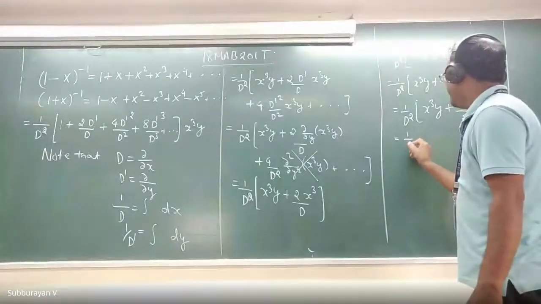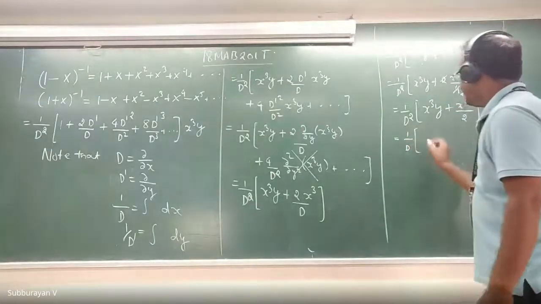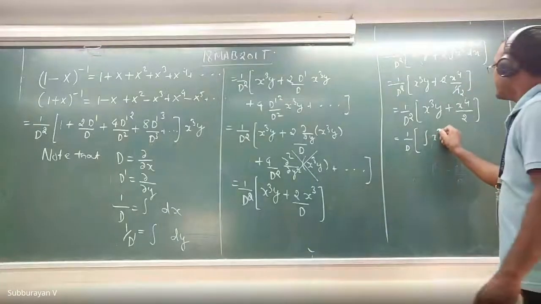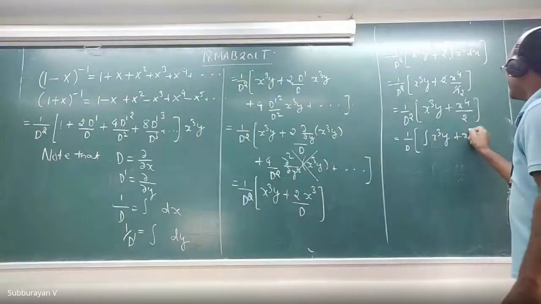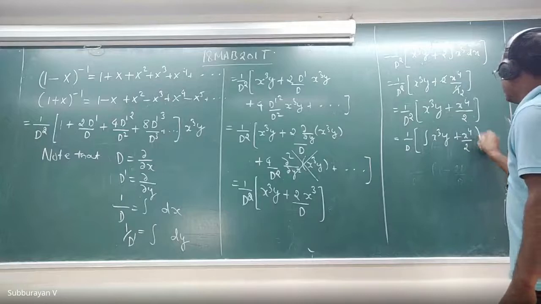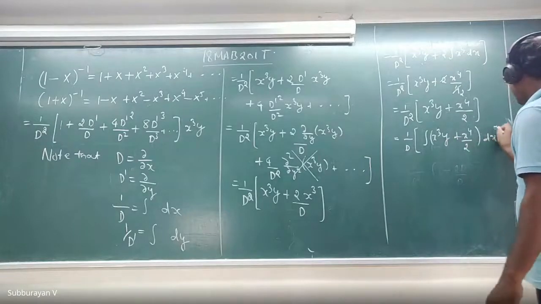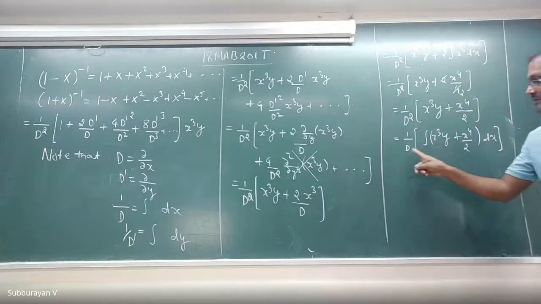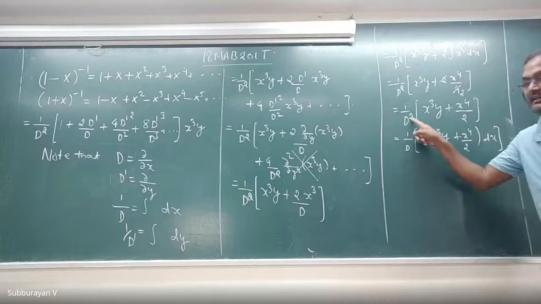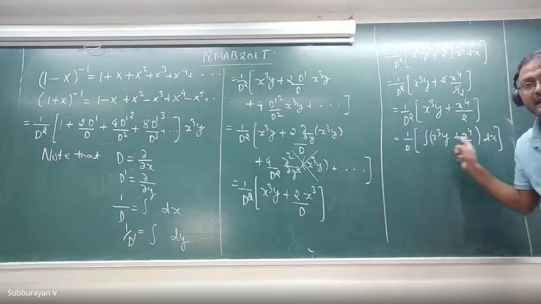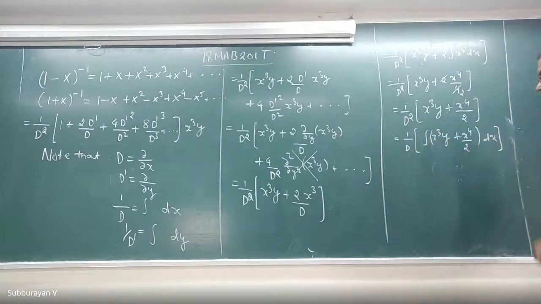This is 1/D into integral of x cube y plus x to the power 4 divided by 2 dx. I reduced one: previously it was D², here it is D because I integrated this.